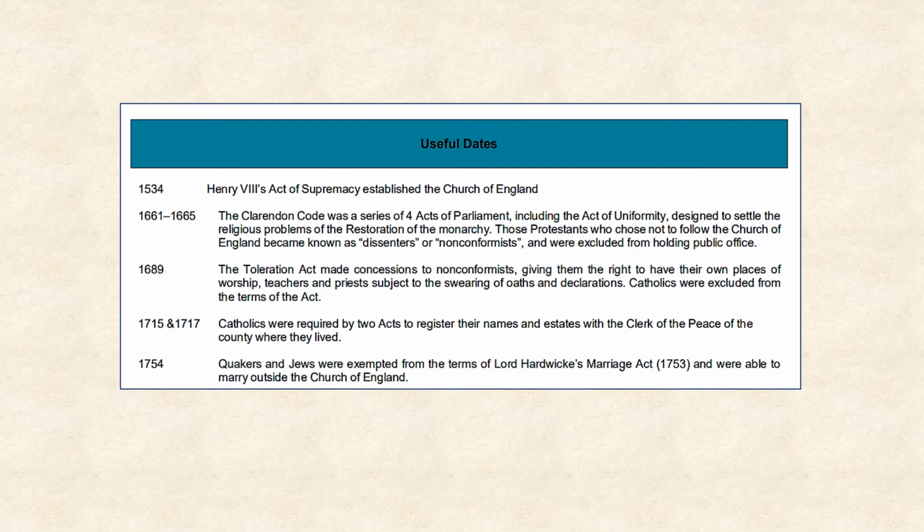And this date of 1754, with Quakers and Jews exempt from the terms of Lord Hardwicke's Marriage Act, and they were able to marry outside the Church of England. Now, by interpretation, of course, that means that everybody else has to marry in the Church of England.